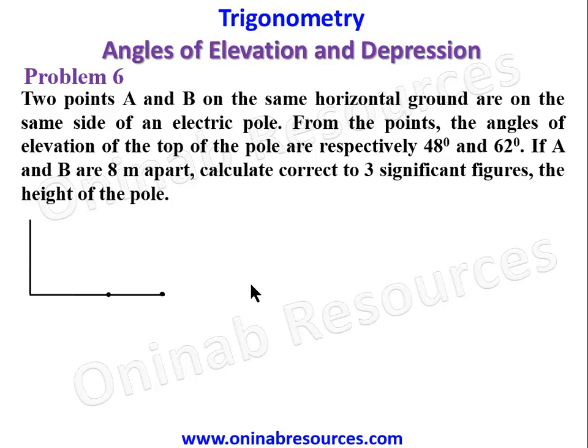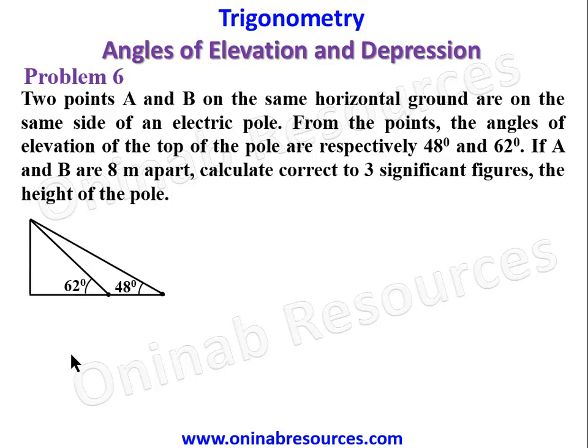And if you are far away from the pole, you just need to turn your head a bit, which makes a smaller angle. So 62 degrees will be here. The angle of elevation at that point is 62 degrees to the top of the pole, and this one will be 48 degrees up to the top of the pole.